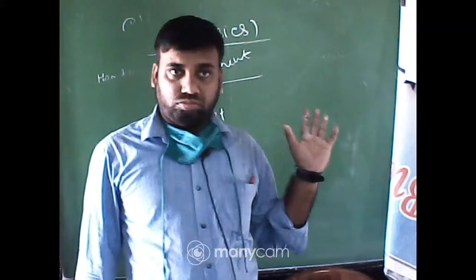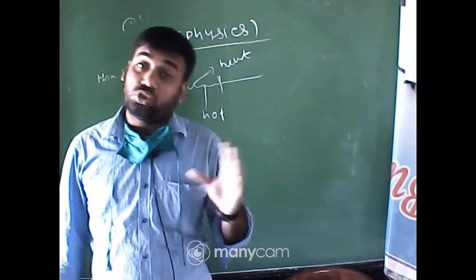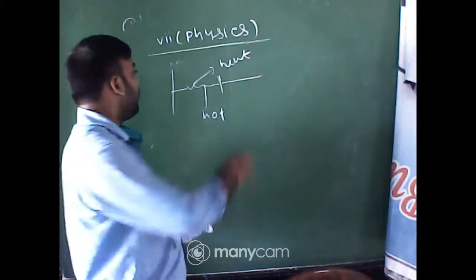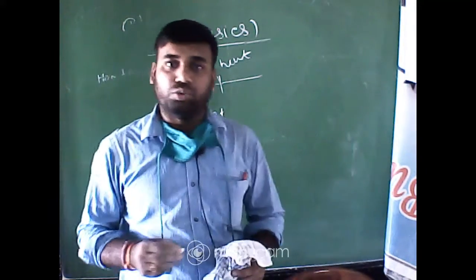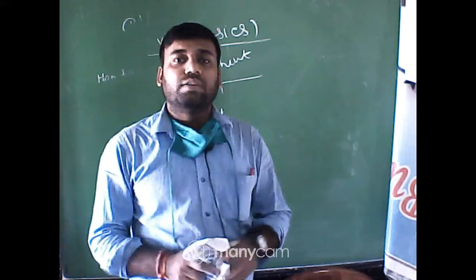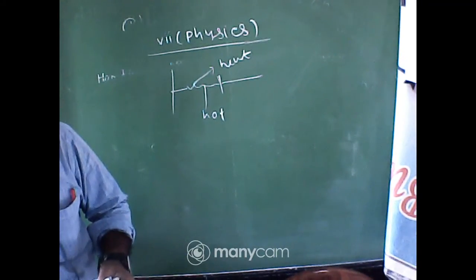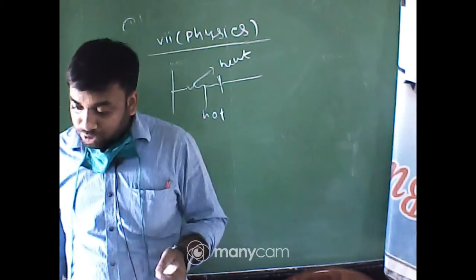All these factors determine the amount of heat. Also, if a large amount of electric current flows over it, then a large amount of heat will be produced. If a small amount of electric current flows over it, then a small amount of heat is produced. So that is the heating effect of electric current.